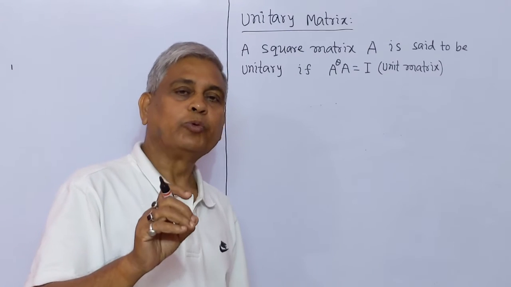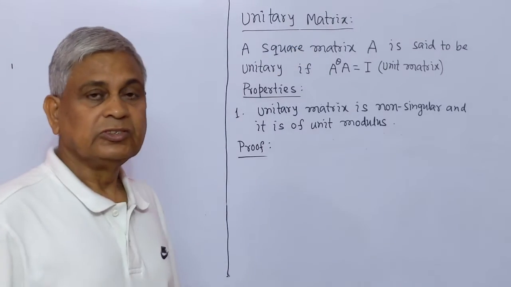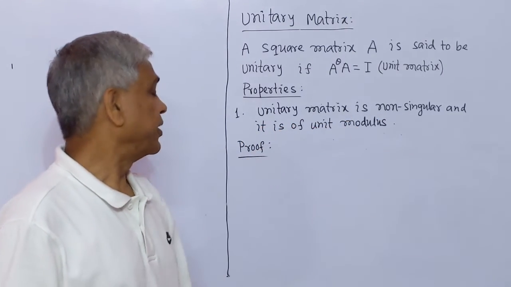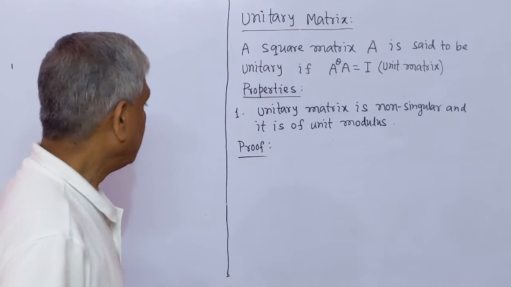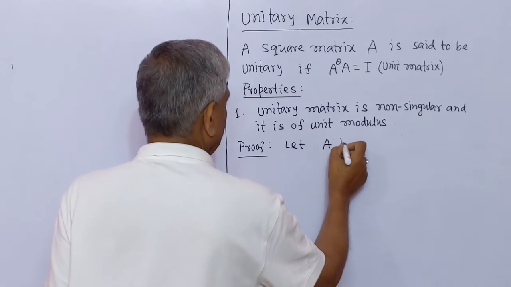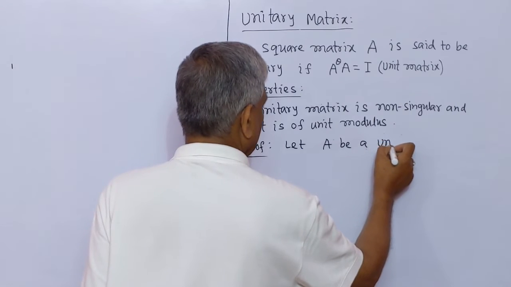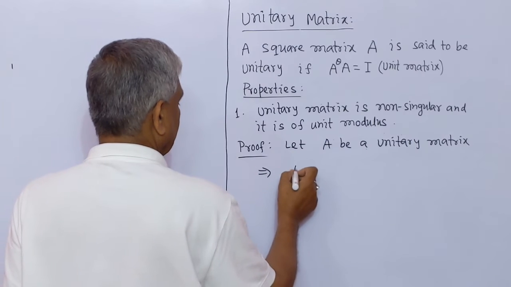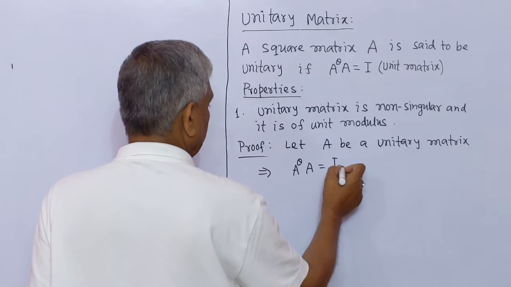Now, I will prove some properties of this unitary matrix. Property 1. Unitary matrix is non-singular and it is of unit modulus. Let A be a unitary matrix. Implies that A theta multiply A equals unit matrix.